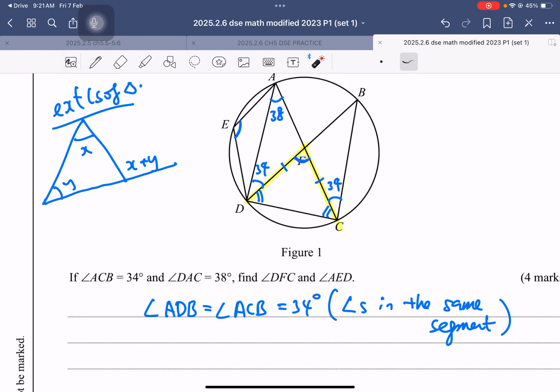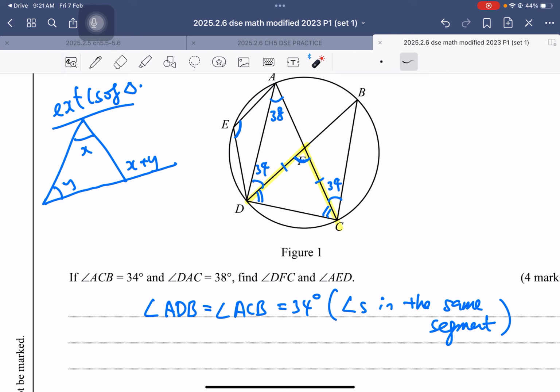So this angle is 108, and this angle must be 180 minus 108, because for a whole straight line it's 180.